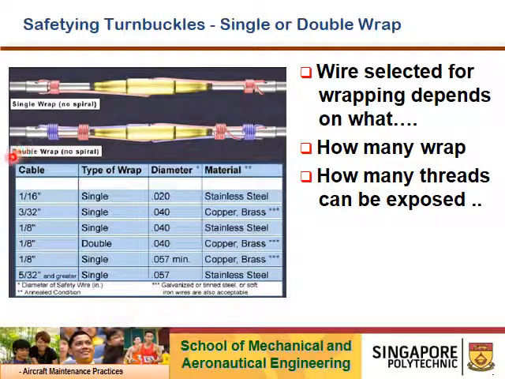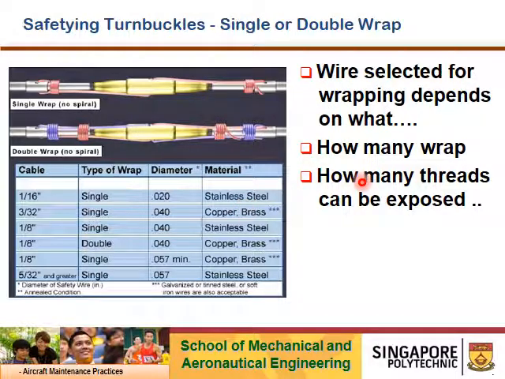Over here, the chart we have to follow is based on the aircraft cable diameter. Then we decide what kind of wire lock method and what diameter to use for the wire lock: 20 thou, 40 thou, or 57 thou. That means 0.020 inch diameter of the safety wire.